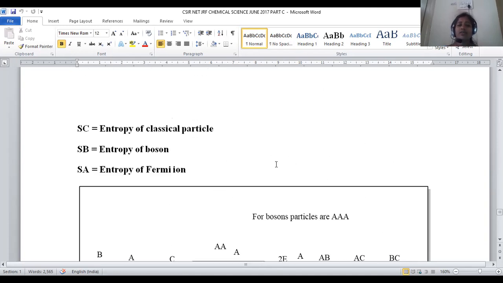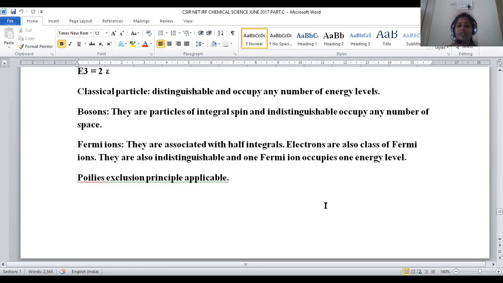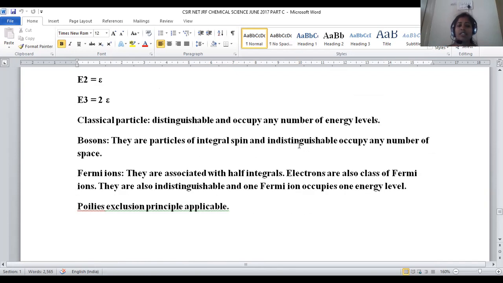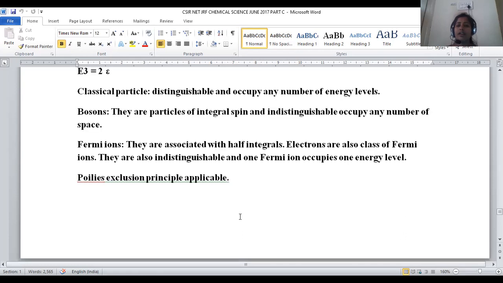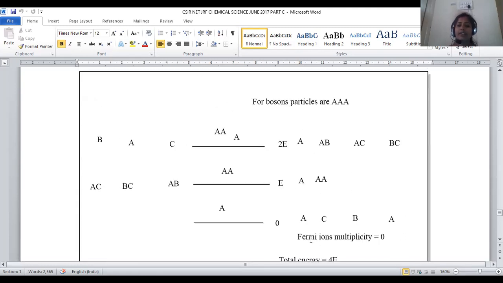First, let us assume which kind of particles we are taking now. We are taking bosons. Bosons are indistinguishable and can occupy any number of energy levels. They are denoted with A, B, C. The problem mentions how many particles there are: 3 particles, right?